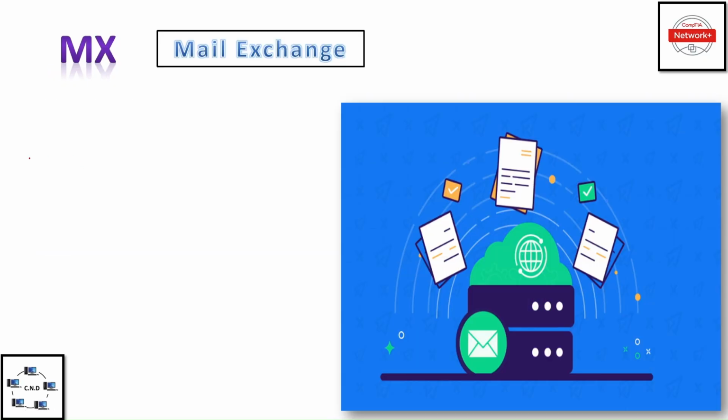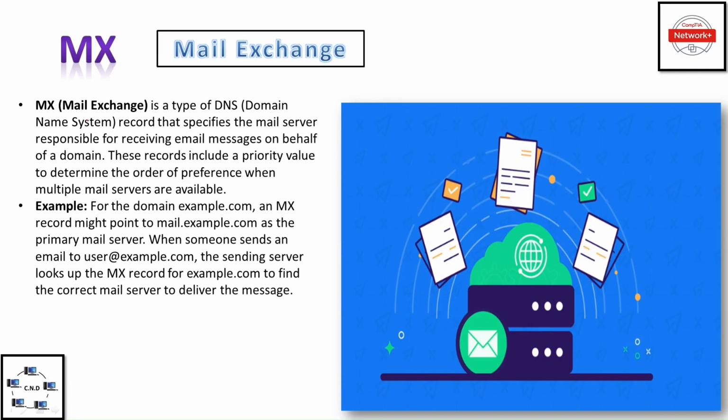MX, Mail Exchange. MX, Mail Exchange, is a type of DNS, domain name system, record that specifies the mail server responsible for receiving email messages on behalf of a domain. These records include a priority value to determine the order of preference when multiple mail servers are available.